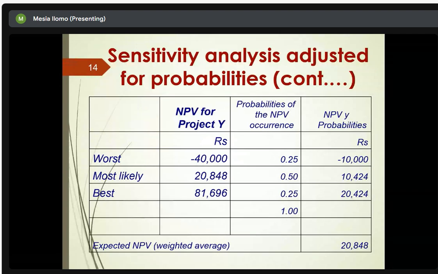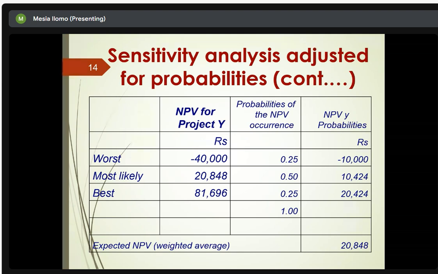So in other words, just looking at the NPV for different scenarios, it was difficult to pick between the two projects, project X and project Y, because you see different values, and they're not easily comparable. But the moment we adjust for probabilities, we see that maybe the two projects are similar when it comes to expected NPV, because they arrive at the same value.